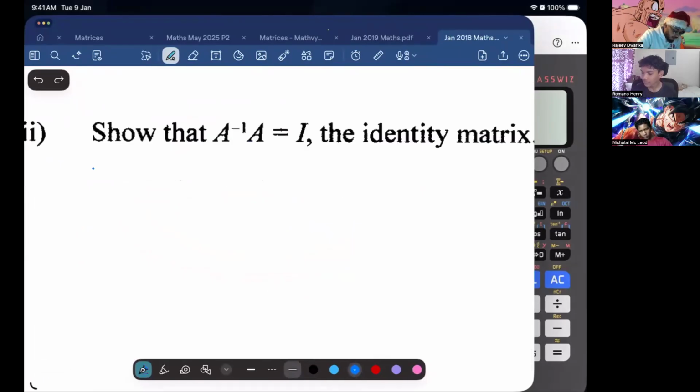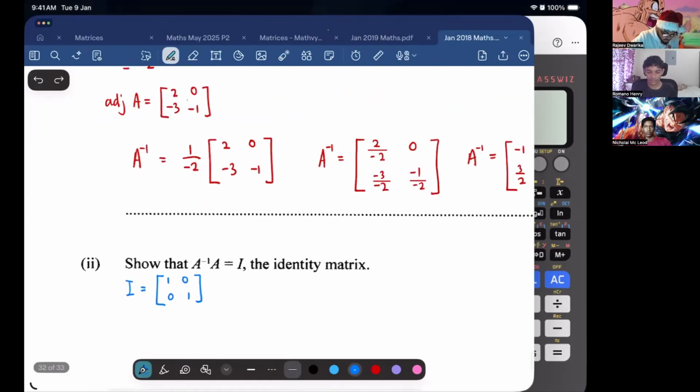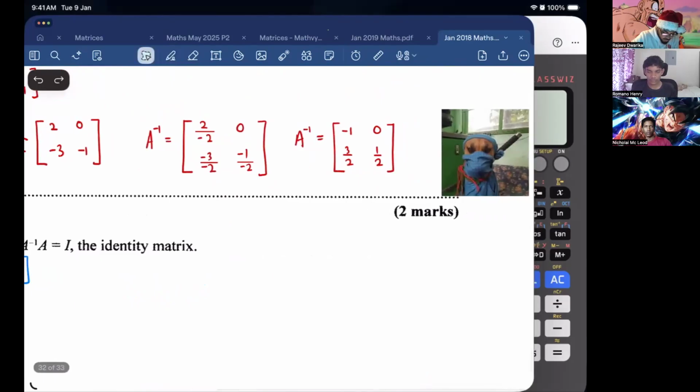So guys, we know that the identity matrix is supposed to be what? What is the identity matrix? 1001, right? So here what we're going to do is multiply A inverse by A, and what are we supposed to get if we are correct? 1001. Right. So A inverse, we have it here. This is what A inverse is.